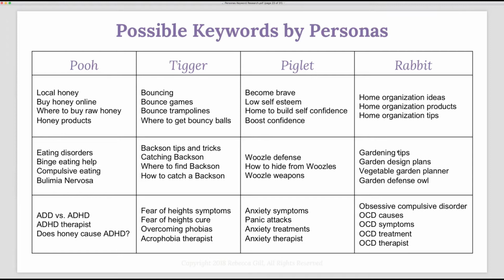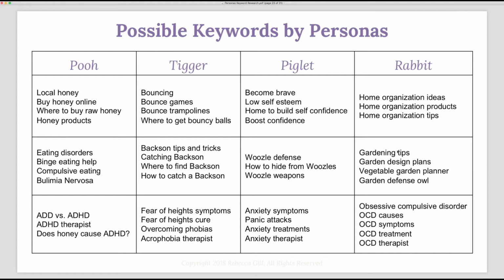And he might be like most of us humans and want to try to self-diagnose himself off of what he finds on WebMD. And he might want to know if honey causes ADHD, because we know that we all kind of do that at one point or another in our lives.